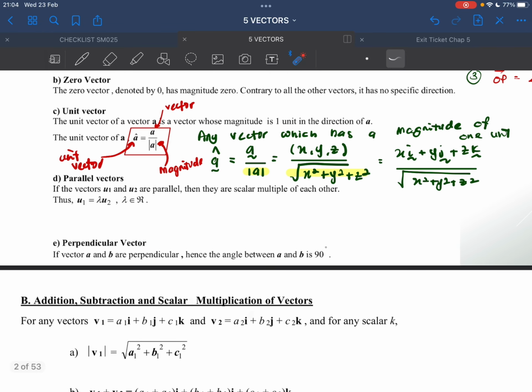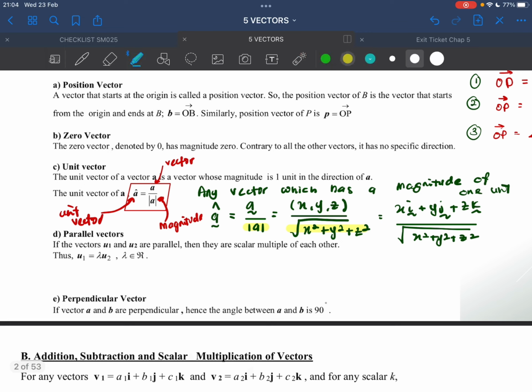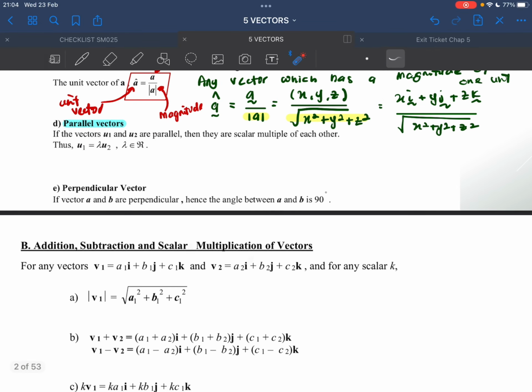The fourth one is a parallel vector. So here we have position vector, zero vector, unit vector, and here we have a parallel vector. If the vectors u1 and u2 are parallel, then they are scalar multiples of each other. What does it mean by scalar multiple of each other? That means u1 is equal to lambda u2, where lambda can be any number.